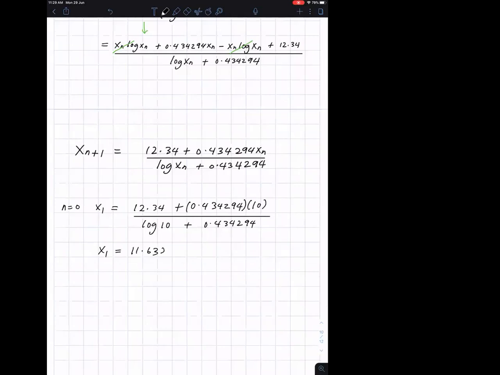It gives 11.632409. So I'm keeping 6 decimal places here.